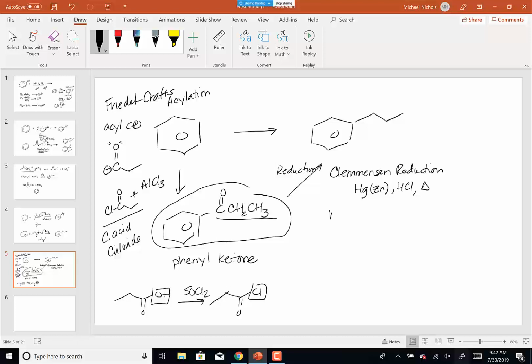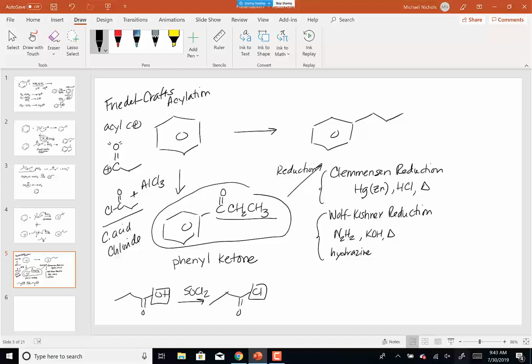The other is what's called the Wolff-Kishner reduction. In the Wolff-Kishner reduction, we react the ketone with what's called hydrazine and KOH and heat. So these are the two methods to reduce a phenyl ketone down to an alkyl benzene.